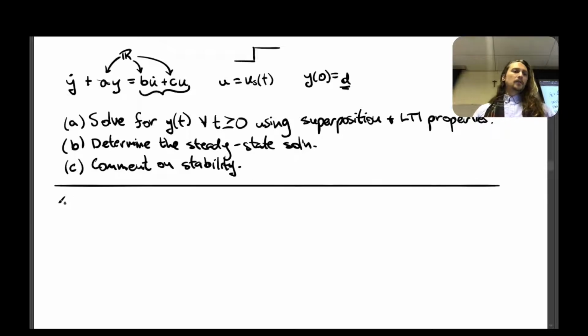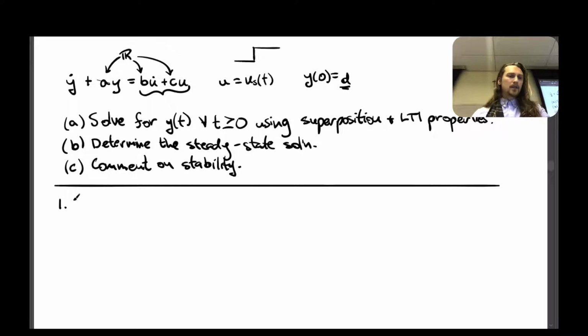Okay, so that'll be the problem we will solve. And we'll start solving it saying, let's find the forced response for a simpler problem, okay?